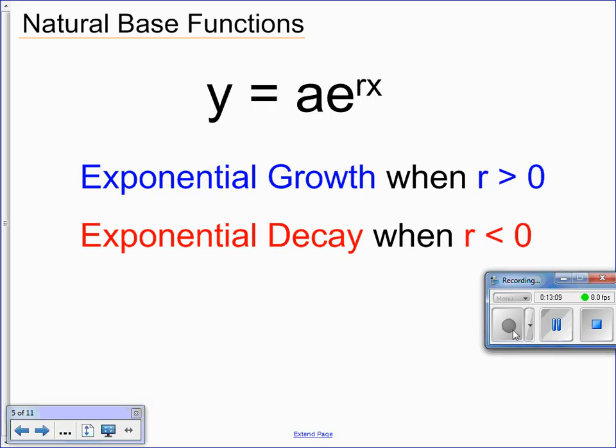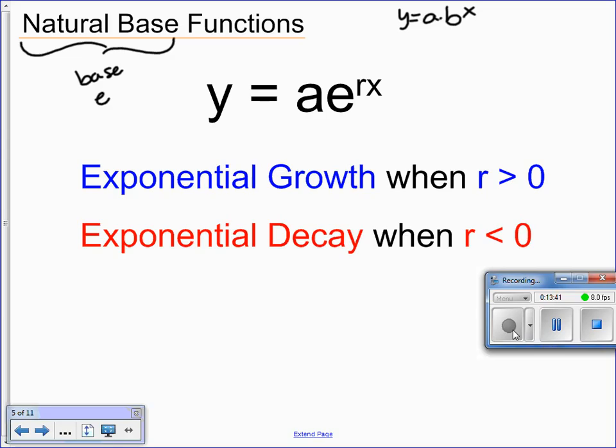This natural base function is really just a special type of exponential growth or decay function. The fact that I say it is natural base means it has a base of e. So what that's really saying is, instead of working with our old equation, y equals a times b to the x, we're going to change the base b to e for all of our functions.